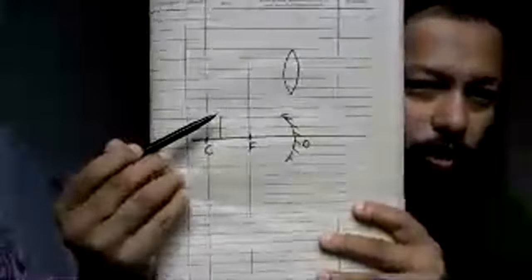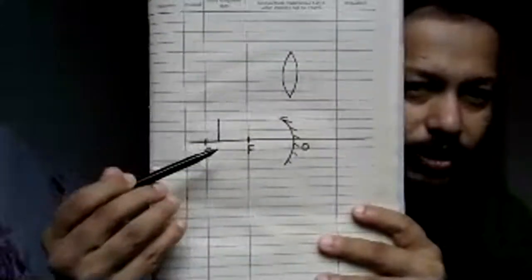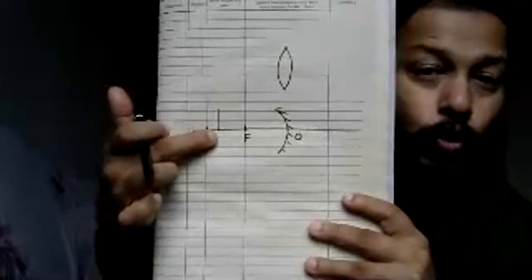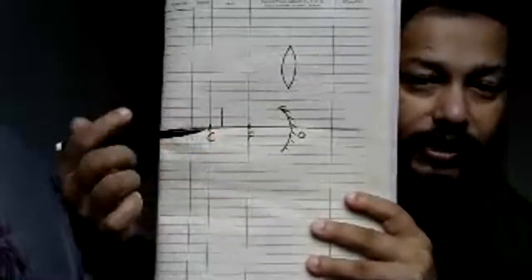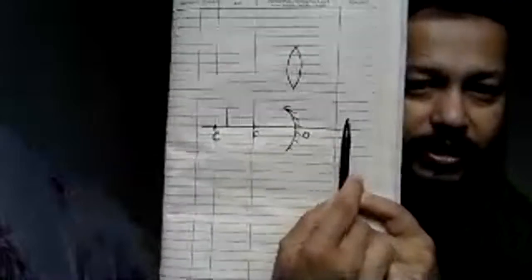Say I am keeping my object here. Try to understand, as I told you, this is a very crucial part of this portion. So it is not correct that you will get your image here, like in a plane mirror.